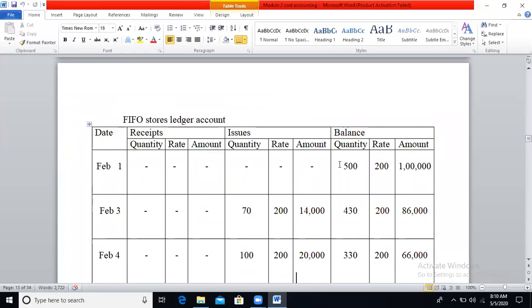Here we have only one balance column, so this 70 tons will be issued at 200 rupees. So 70 into 200, you will get 14,000. Now out of 500 tons, we have already issued 70 tons. The remaining balance will be 430 tons. The rate will be 200. So if you multiply 430 into 200, you will get 86,000.